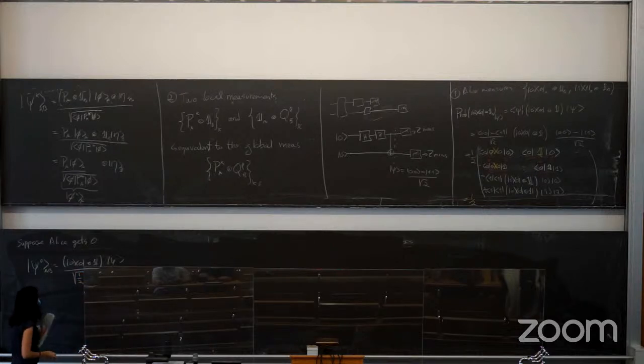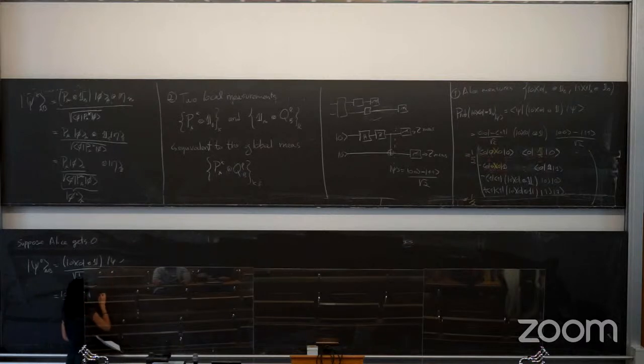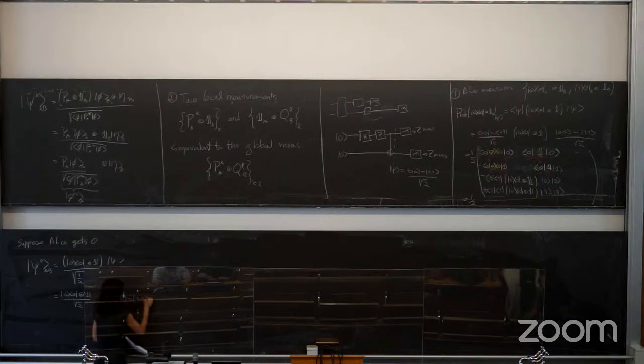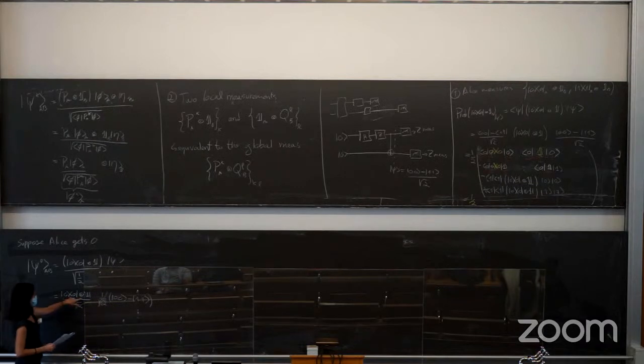So we get square root of 2 times the identity. This whole thing multiplied by the initial state, which was 1 over square root of 2, 0, 0 minus 1, 1, right? This is the post-measurement state, so this cancels out. And now all we need to do is to act with this operator here and here.